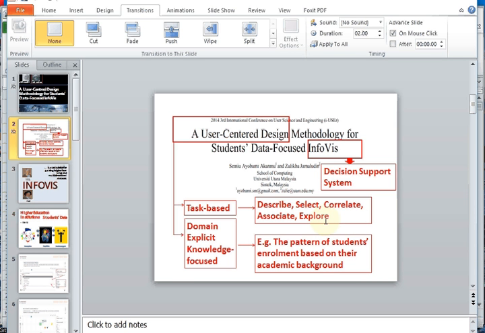The users might want to know the descriptive graphics, which is the visualization technique that fits in here. But from the decision support system perspective, the user might want to describe what the historical data is all about, the frequencies, the mean, the relationship, that is the correlation, does it have an association, and at the same time you might want to select a particular data set to show details.